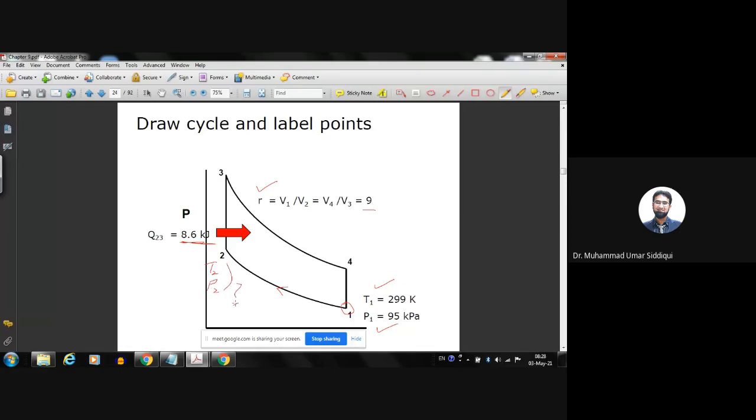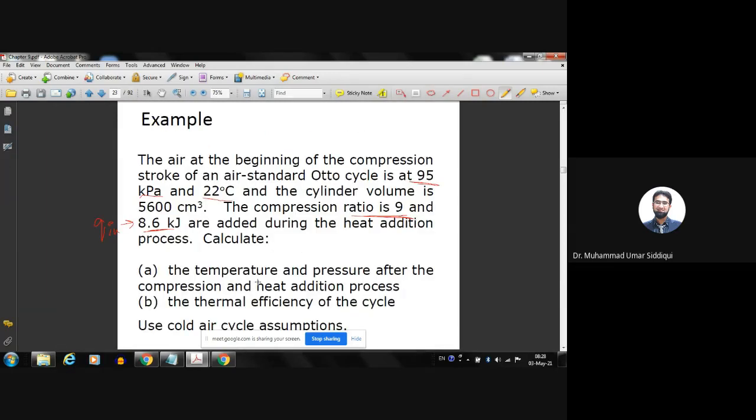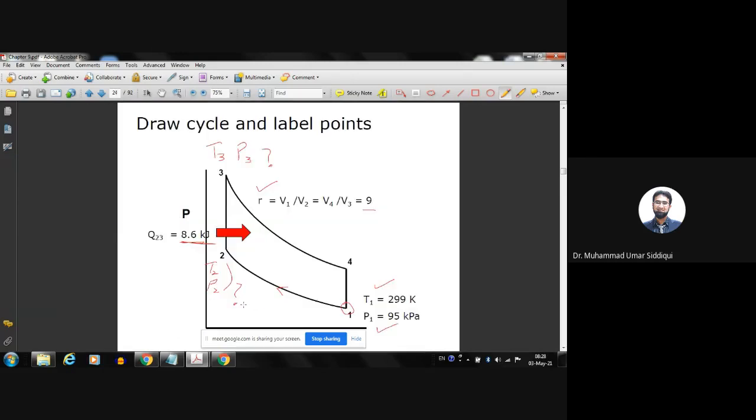The heat addition process is from 2 to 3, so we need T3 and P3. Then we need to determine the thermal efficiency of the cycle.